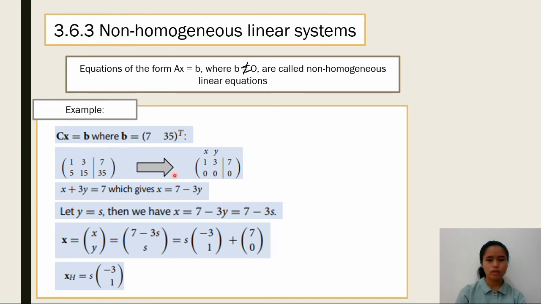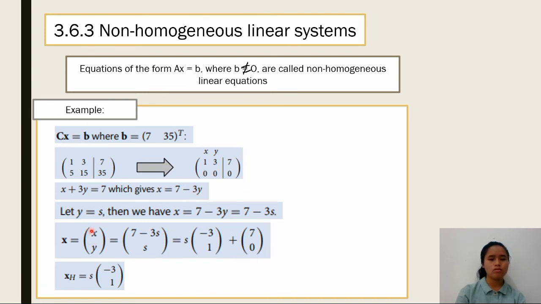So we make it to the echelon form. From the echelon form, we get the non-zero rows: x plus 3y equal 7, which gives x equals 7 minus 3y.